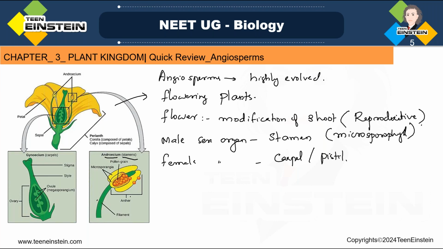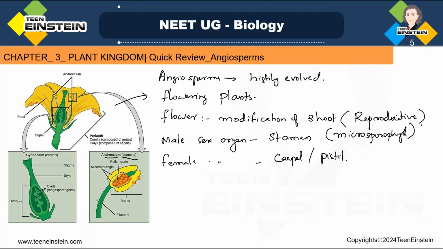So stamen is having different parts like anther and filament. Inside the anther you can see pollen grains, right? So the male sex organ, that is stamen or microsporophyll, right?